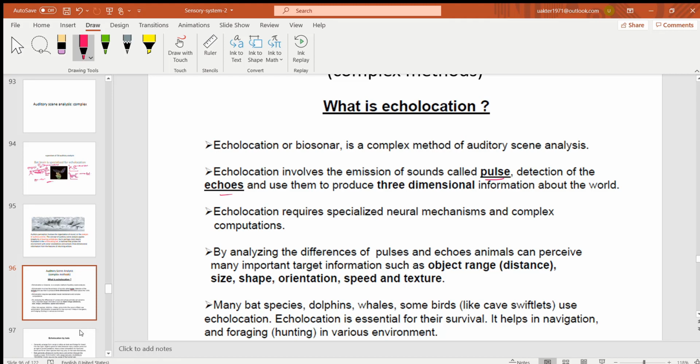The bat is flying, the prey is flying, and by analyzing the echo, the bats can also determine the velocity of the prey. Even if it is not stationary, they can update the information. So their auditory system is extremely powerful to get all that information by analyzing the sound returning echo.